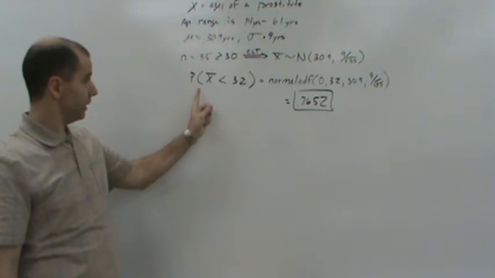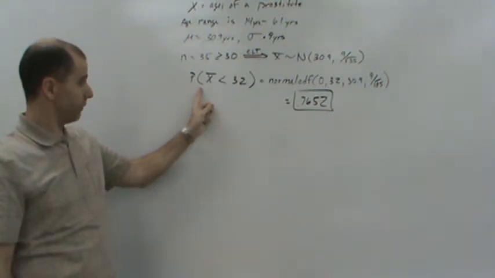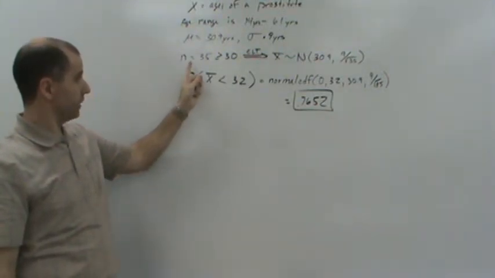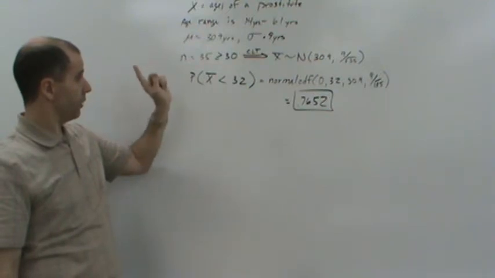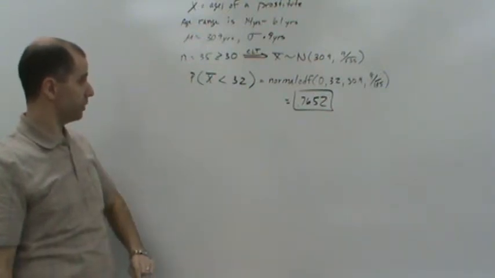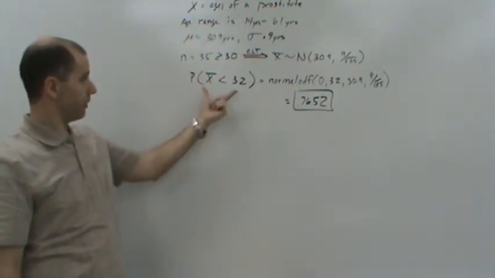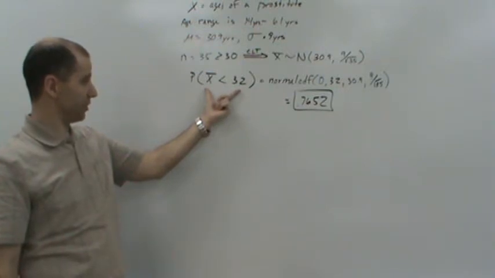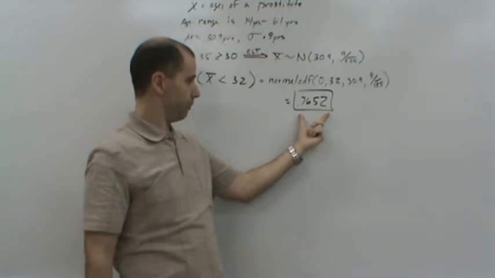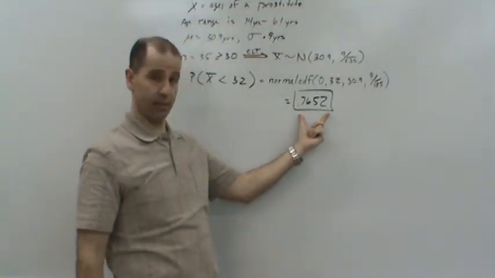It means that the probability that a randomly selected sample of 35 prostitutes has an average age of less than 32 is 0.7652.